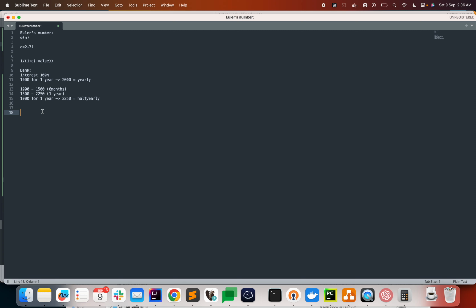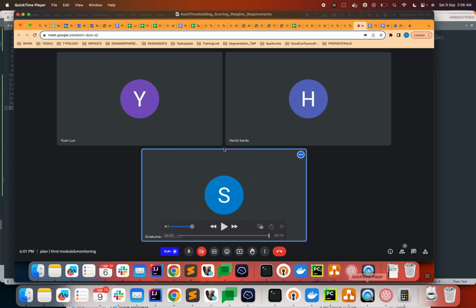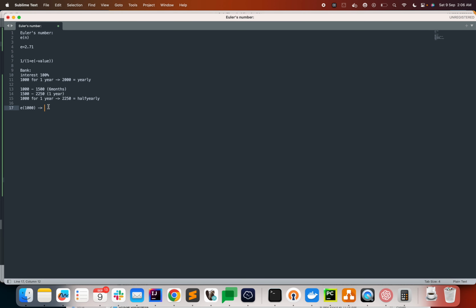They are saying even though it goes to milliseconds, the max amount that you will be earning with this is e to the power of 1 times 1,000, where e is 2.71. So 2.71 times 1,000, which is 2,710.